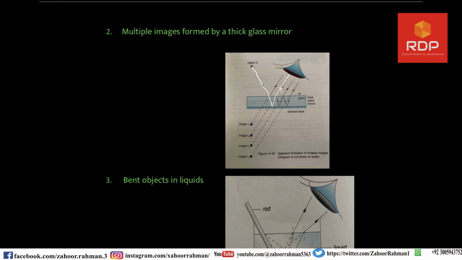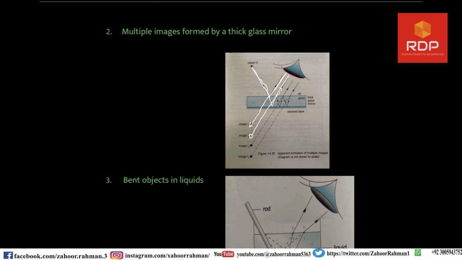So when you see this image, you will see it here, and that will be the sharpest one. This will be a fainter one because this is not the actual phenomenon at the surface. You are seeing it, so it will be the faint one.